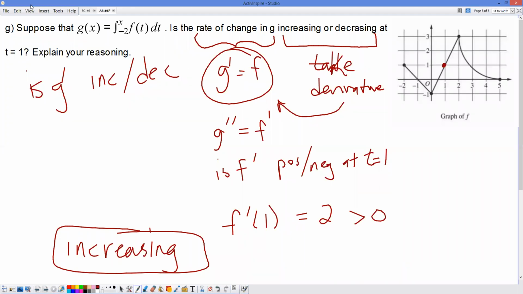To figure that out, we need the derivative of G prime. The derivative of G prime is G double prime, which is the derivative of F, or F prime. Does that make sense, Natalie?